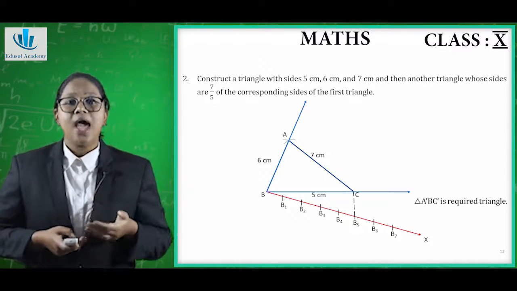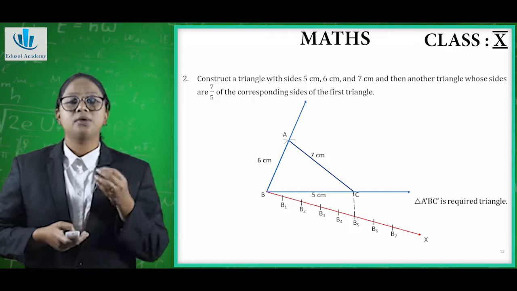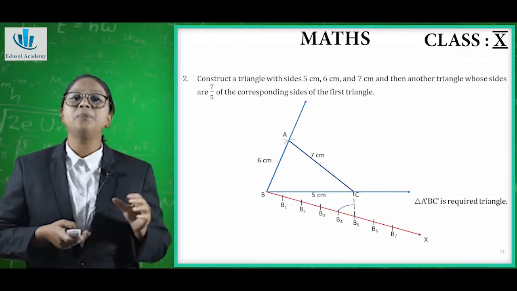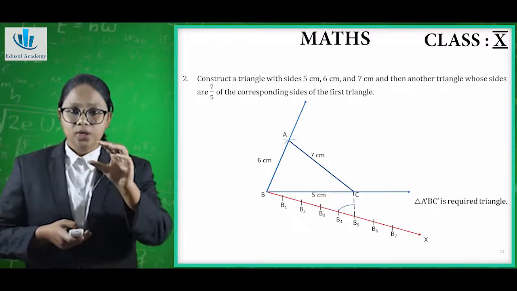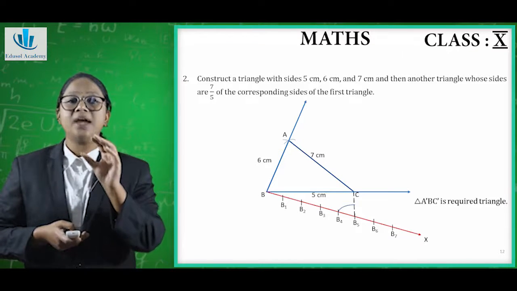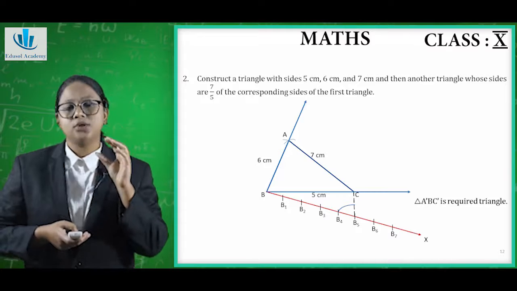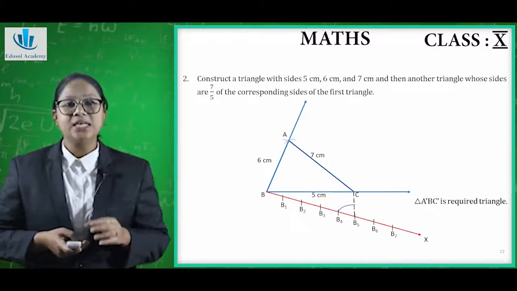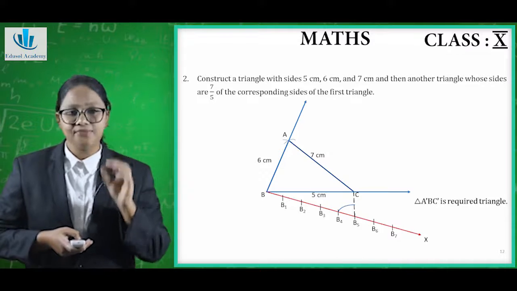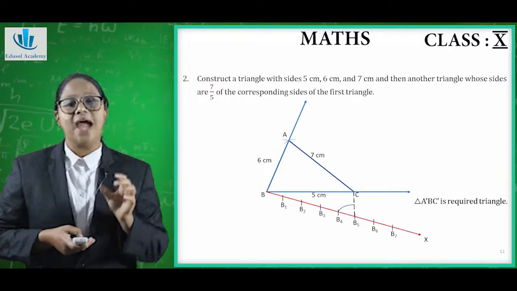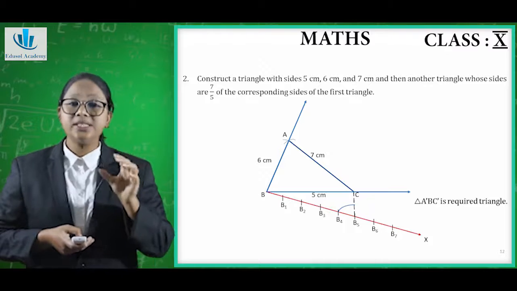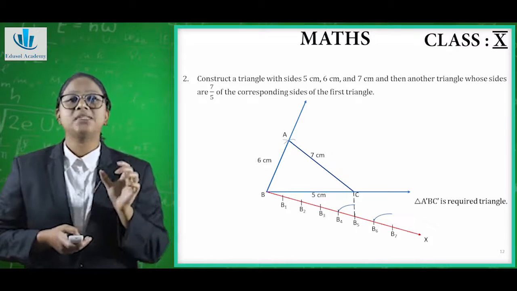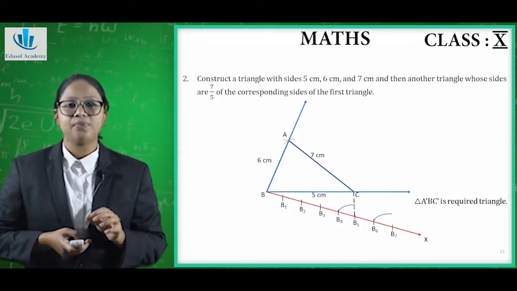Now draw an arc with B5 as center and B4, B5 as radius. You might have understood that this arc drawing is for the purpose of drawing parallel lines. So draw the arc at B5 with B4, B5 as the radius. Now draw the same arc at B7 as well with B6, B7 as the radius.